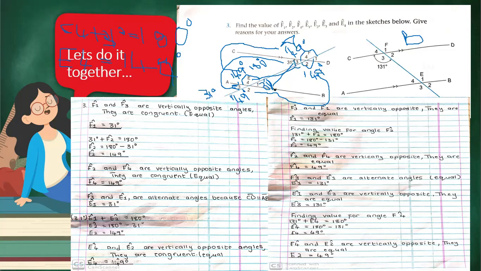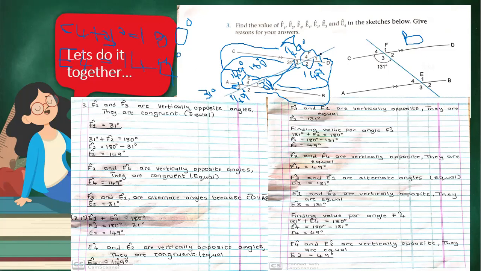Right, and we have another interior right here, which is 31 degrees. And this angle right here, we can form it with this one because it's one interior and one exterior, which forms corresponding angles, right? Okay, so this is our angle F1.